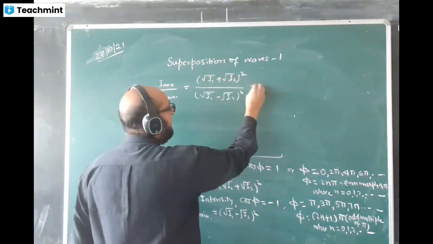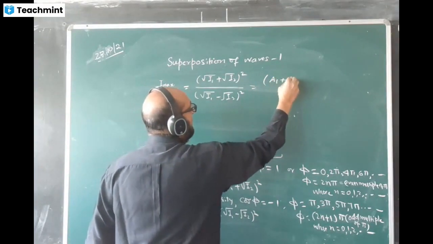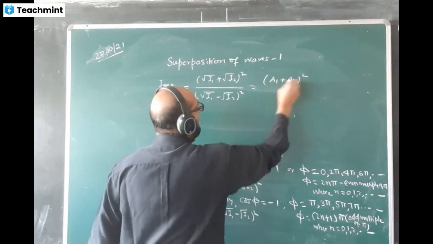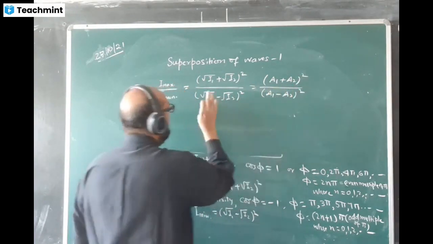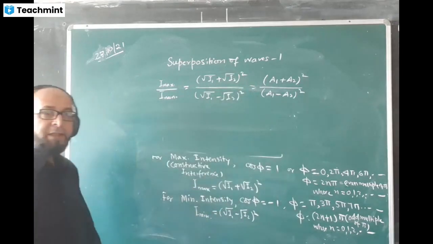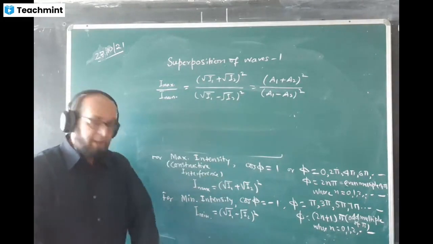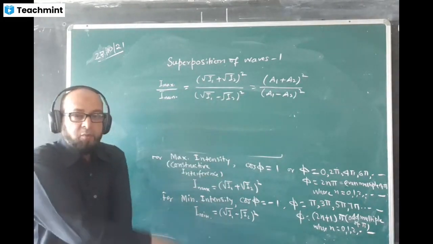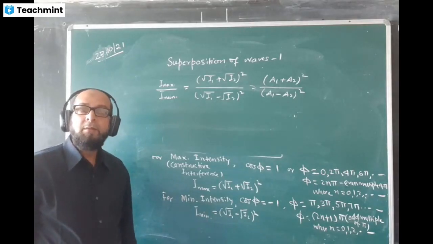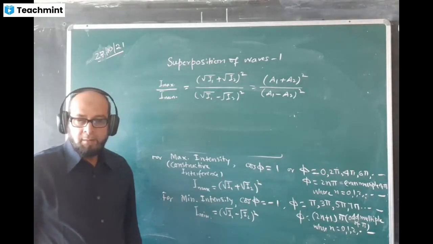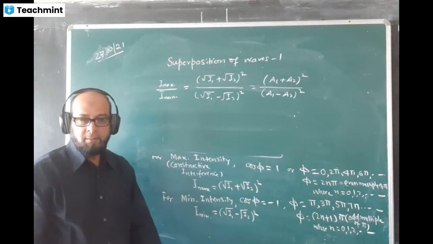We can replace this by A: A1 plus A2 whole square by A1 minus A2 whole square. Either this or that: intensity wise we use root I1, root I2, and amplitude wise we write the ratio A1 plus A2 whole square by A1 minus A2 whole square. Okay?